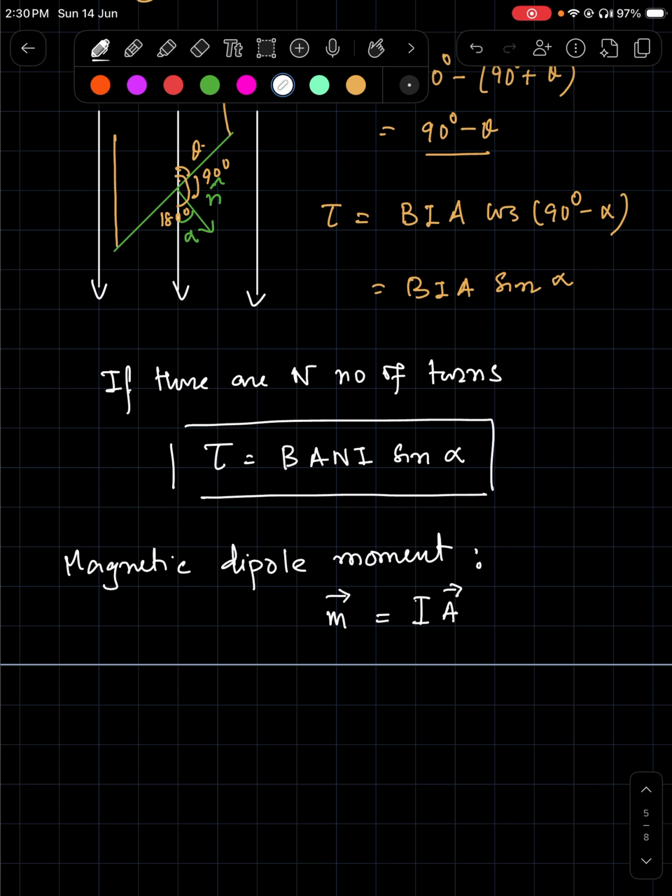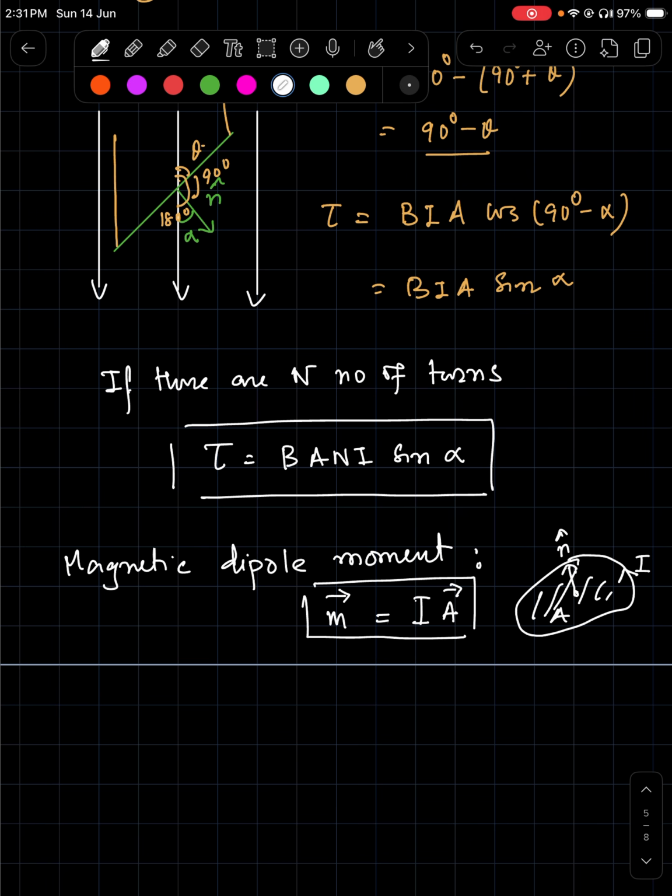Suppose our area is traveled by current anticlockwise. Then you can draw a unit vector on the area pointing upward. The area times the unit vector is the area vector, and multiplying by I, a scalar quantity, gives the magnetic dipole moment. So this is the definition of magnetic dipole moment.